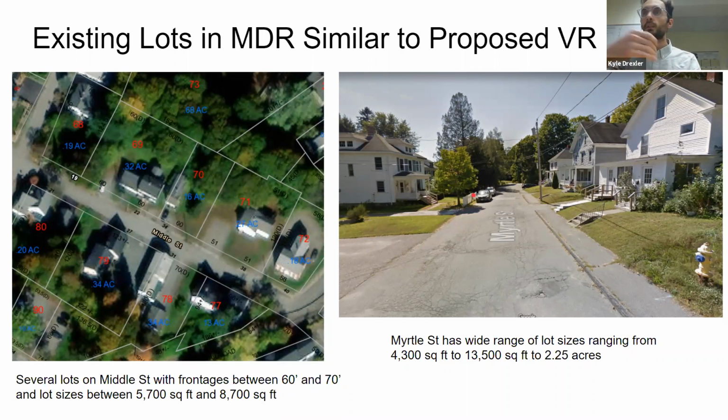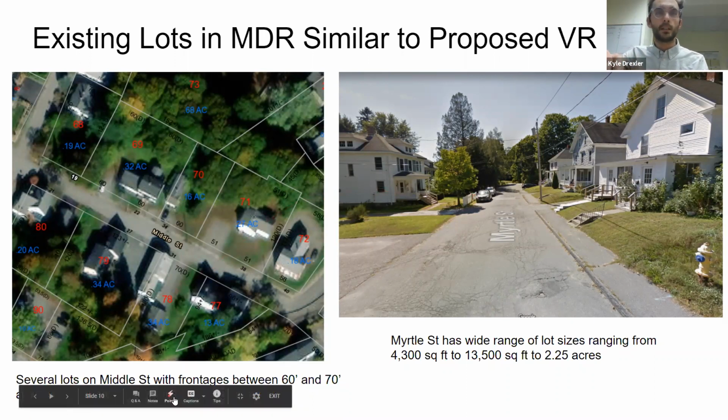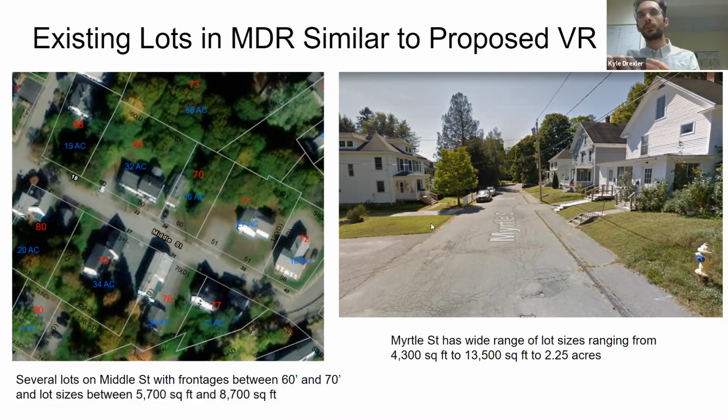So it just sort of shows that, when we're talking about something like an optional overlay district like this, where maybe one person on a street takes advantage of it and someone else doesn't, these situations where streets have some bigger lots, some smaller lots, are already fairly common in town.